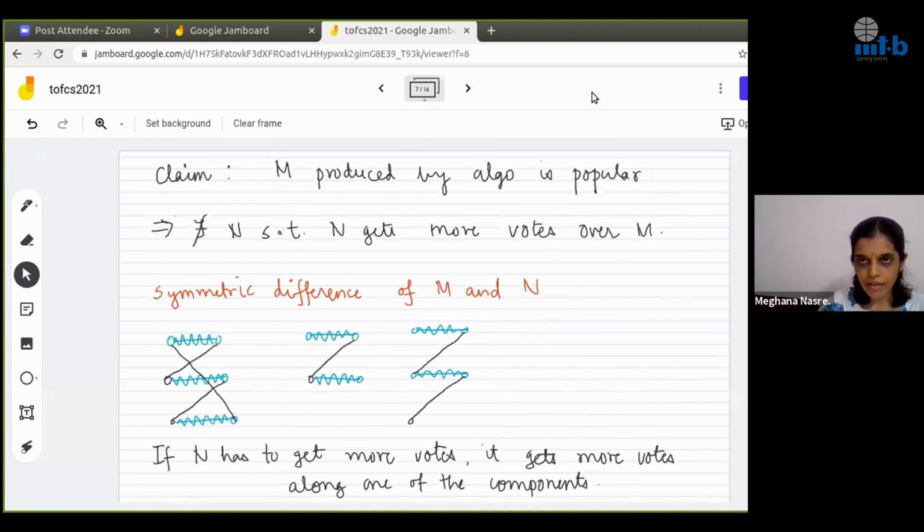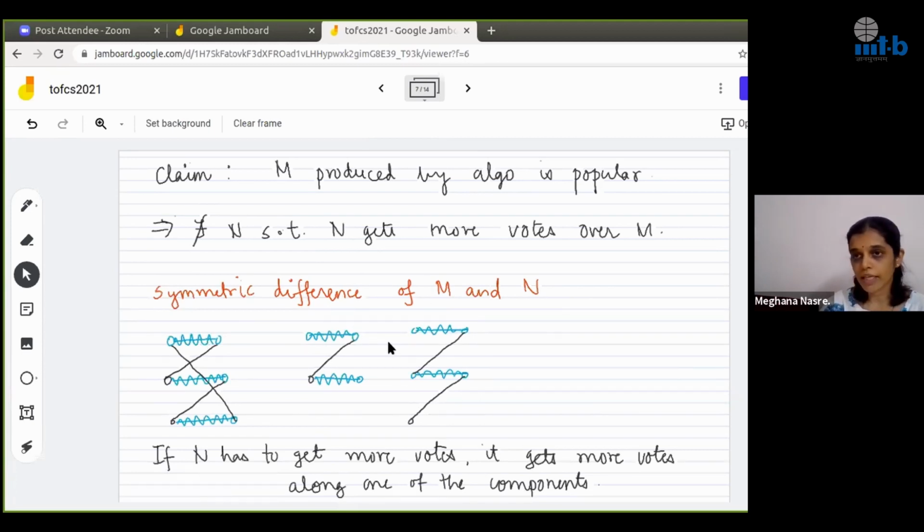So now recall that we had already seen this thing about the symmetric difference of M and N. If we want to show that M produced by our algorithm is popular, then we want to claim that there does not exist a matching N that gets more votes over M. To do this, we are again going to look at the symmetric difference of M and N, which we know contains paths and cycles.